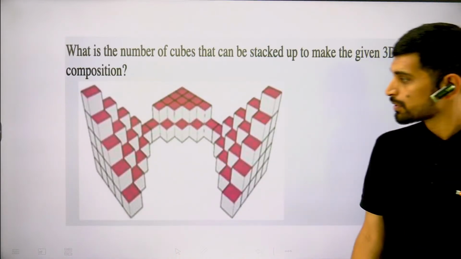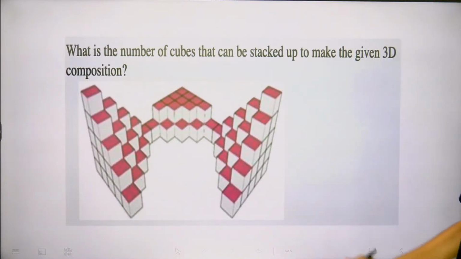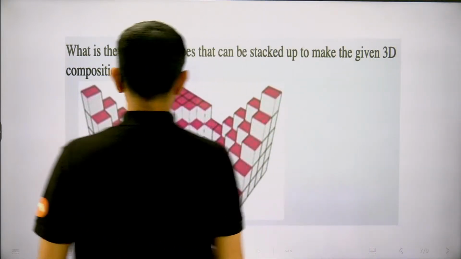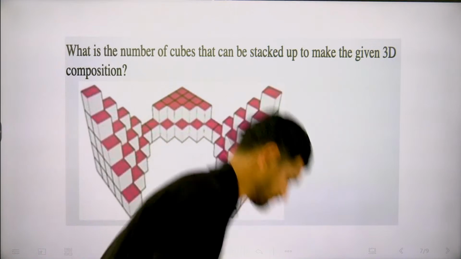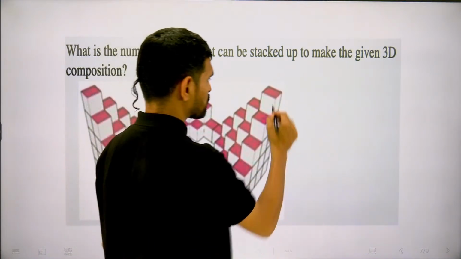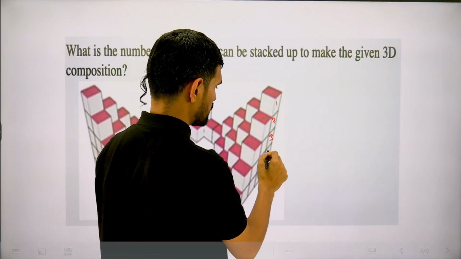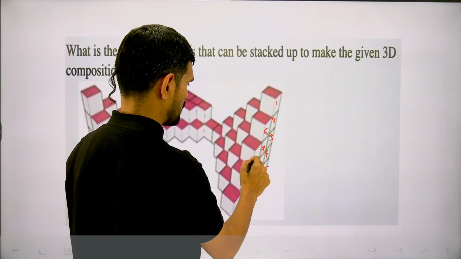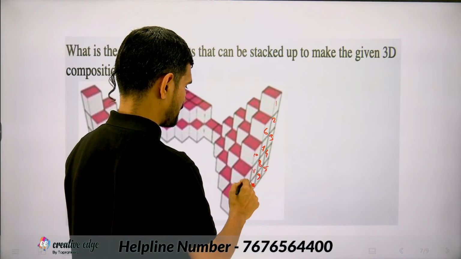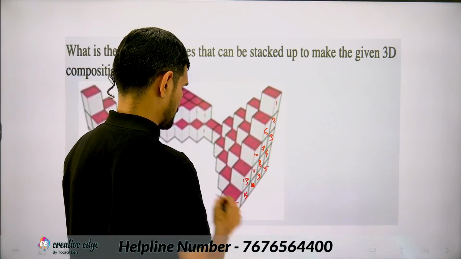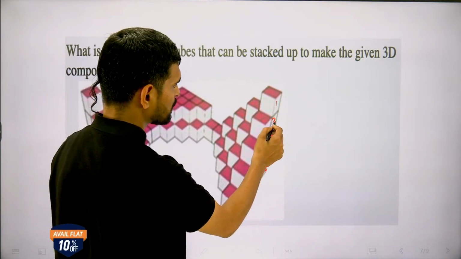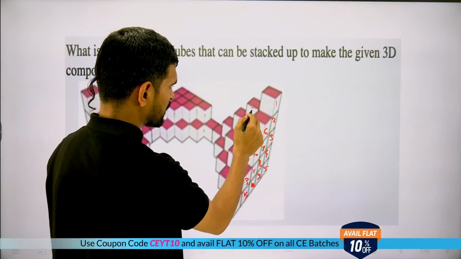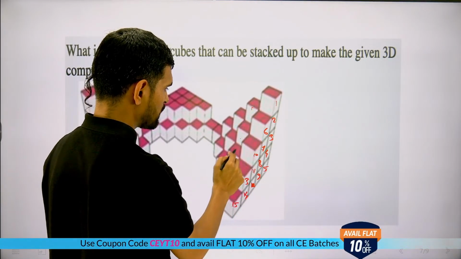Next one, we need to count the number of cubes that can be stacked in the given figure in this composition, right? So let's count here. This will be one, two, three, four, five, 6, 7, 8, 9, 10, 11, 12, 13, 14, 15. Right? 15 here. So if we consider here again, it will be 1, 2, 3, 4.